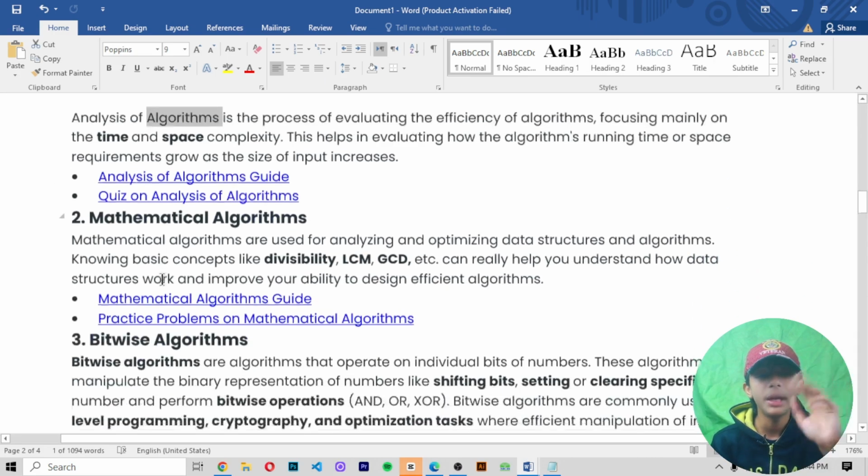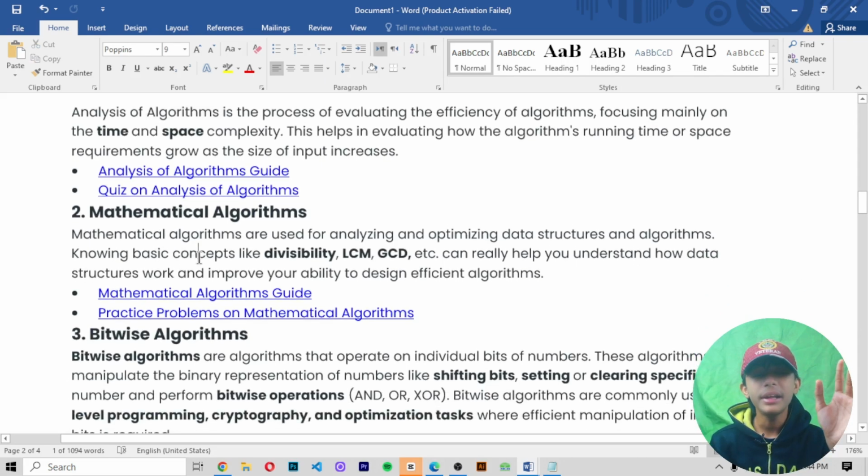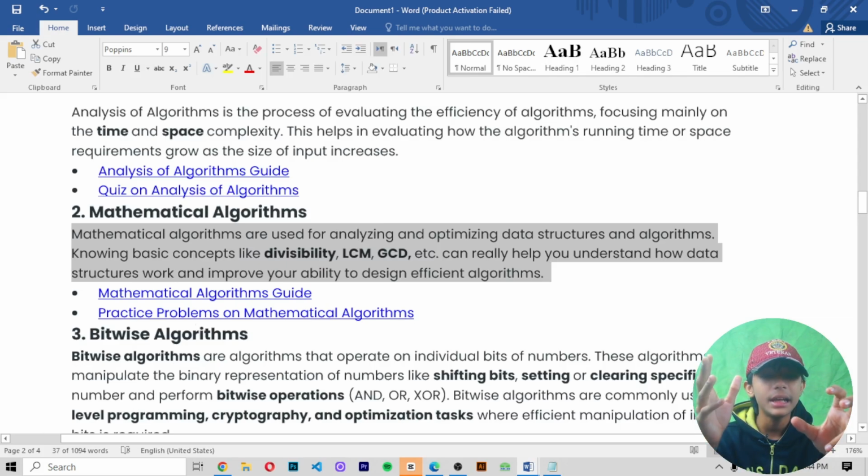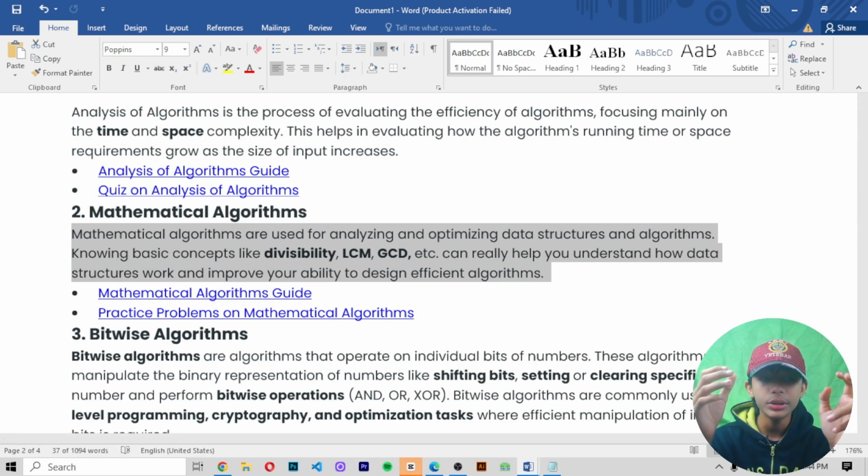Now, number two, mathematical algorithms. Let me explain. Mathematical algorithms are used for analyzing and optimizing data structures and algorithms, knowing basic concepts like divisibility, which means divide, LCM, which means least common multiple, and GCD.